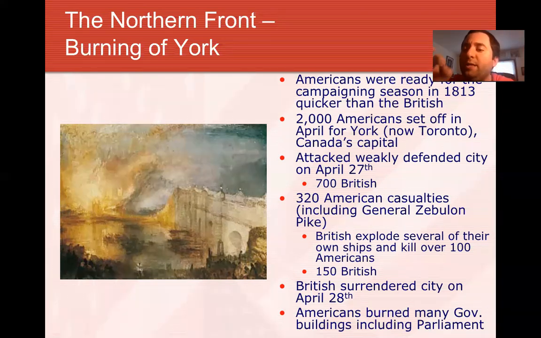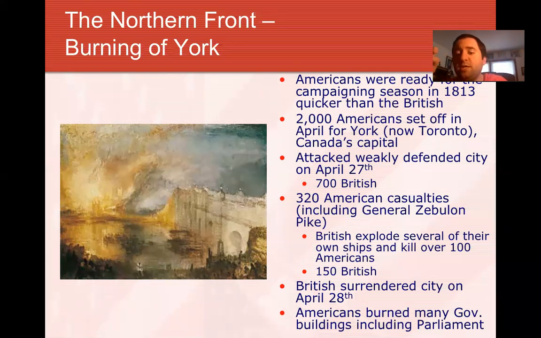They attacked the weakly defended city on April 27th. So they are able to attack the weakly defended city. 320 American casualties in total, including General Pike. But what you need to realize is the British explode several of their own ships.